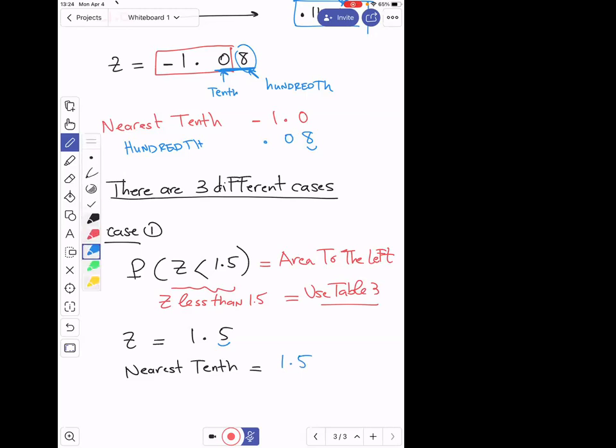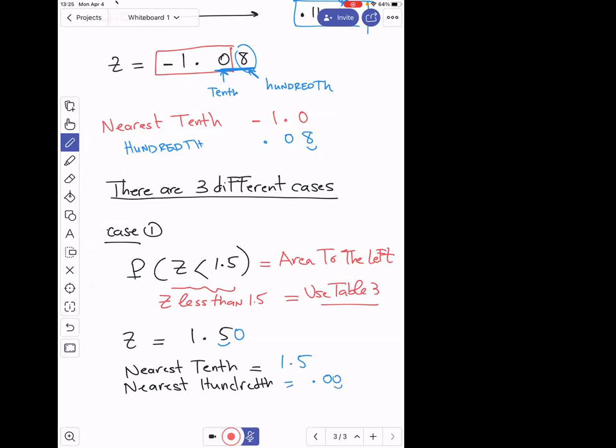Now, what's the nearest hundredth? There's nothing there, guys, and when there is nothing, it's just 0. So the nearest hundredth is 0.00.